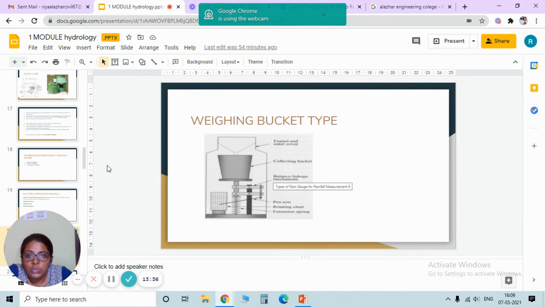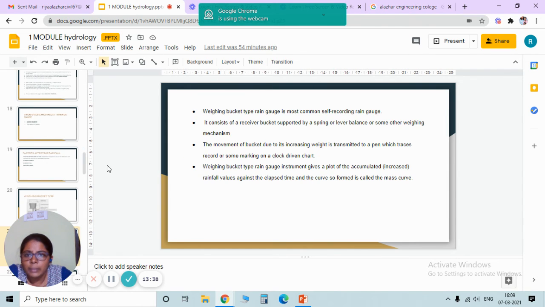Now we will see what a weighing bucket is. The weighing bucket type of rain gauge is the most common self-recording rain gauge. It consists of a receiver bucket supported by a spring balance or a lever balance or some other weighing mechanism. When rainfall falls, the bucket weight will increase, and this increasing weight is transmitted to a pen, and this pen will trace it and record it on a chart.